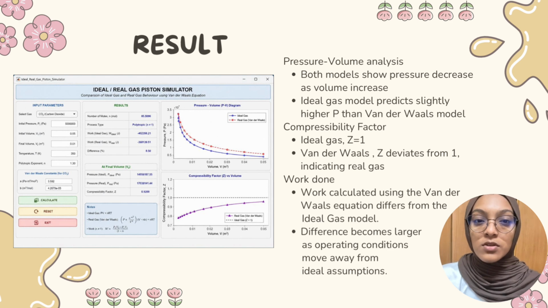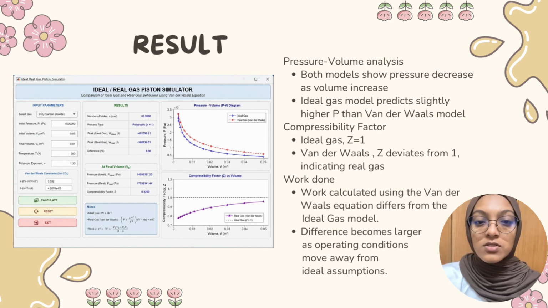The simulation also calculates the compressibility factor Z. For an ideal gas, the value of Z remains close to 1, while the real gas model shows deviations from 1, indicating non-ideal behavior. In addition, the work done during compression and expansion processes is calculated. The differences in work values between the two models demonstrate the effect of real gas behavior on calculations.